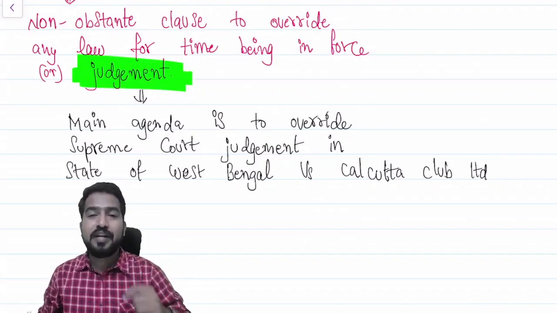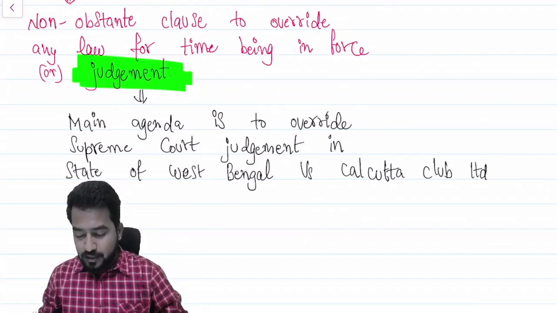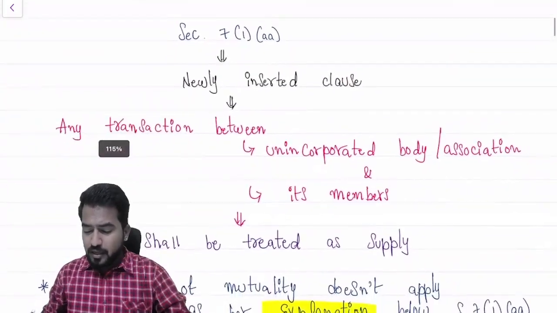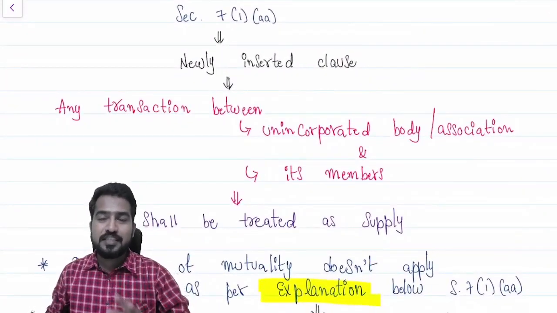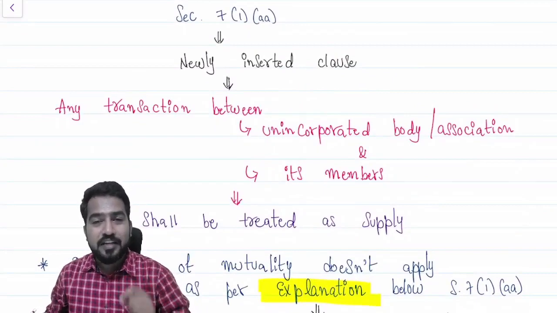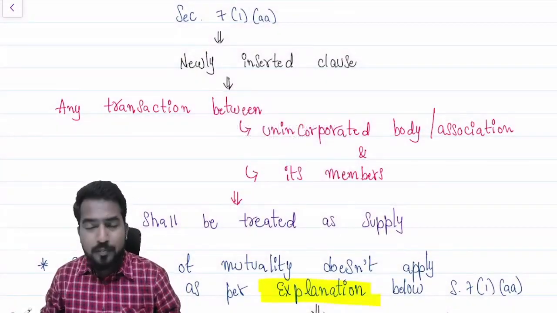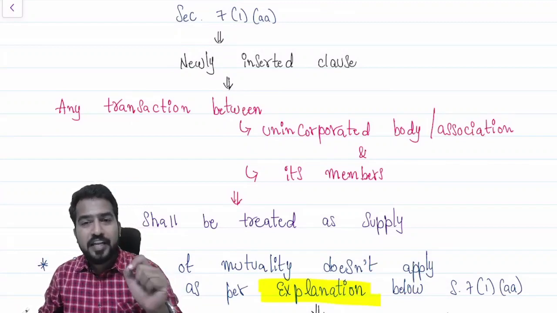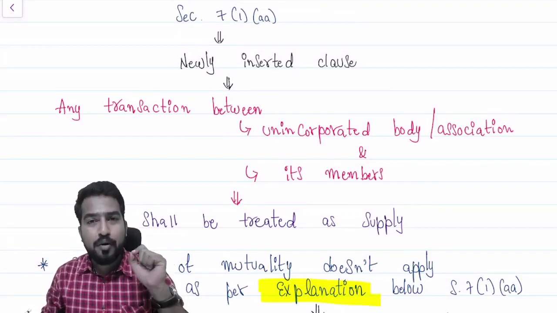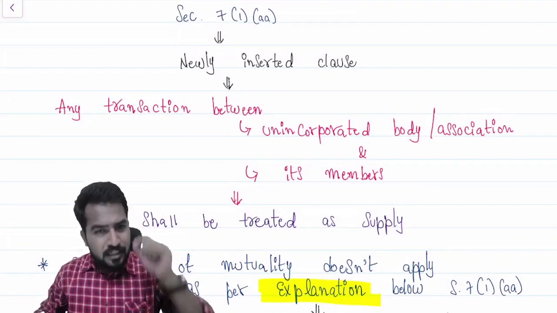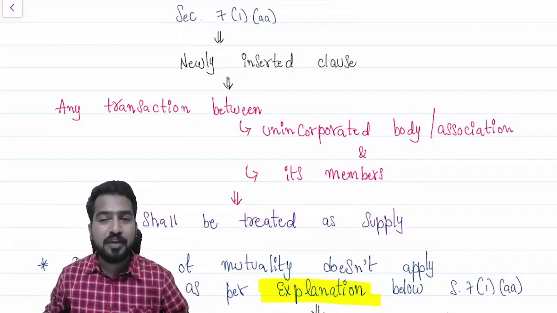So to override that judgment, the government has made a wonderful amendment by bringing a new clause in section 7 subsection 1, and that clause is clause AA, which says that any transaction between an unincorporated body or association and its members shall be treated as supply.